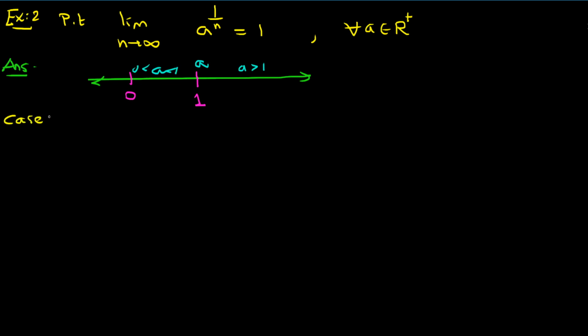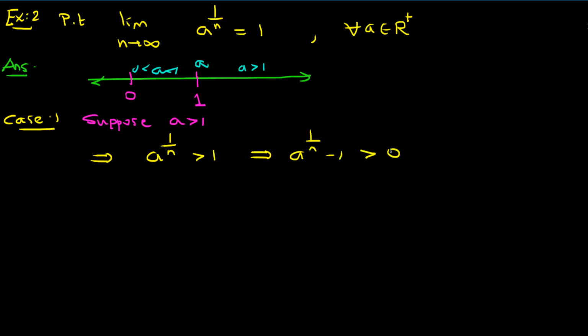Case 1, we assume that A is greater than 1. If A is greater than 1, then A raised to 1 upon n is also greater than 1. So I can have A raised to 1 upon n minus 1 again as a positive real number.